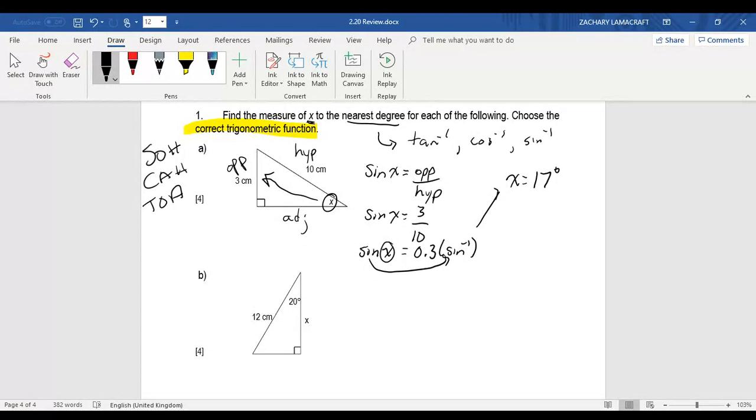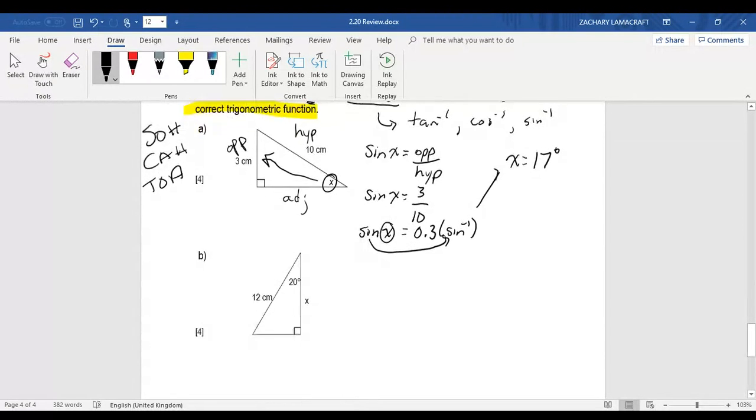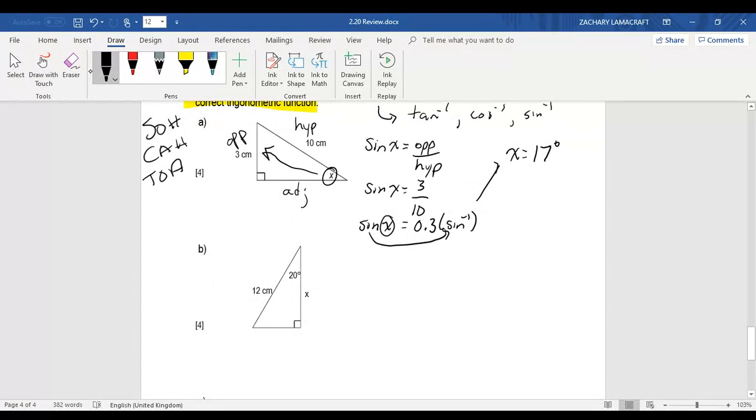All right, the next one, if we look at this, we're looking for a side length, it looks like, because it says find x, and in this case, it's this side length right here. So we have an angle, which is awesome, and the side across from it would be opposite. This long one here being hypotenuse, and the one beside the 20 degrees, which is x, is our adjacent.